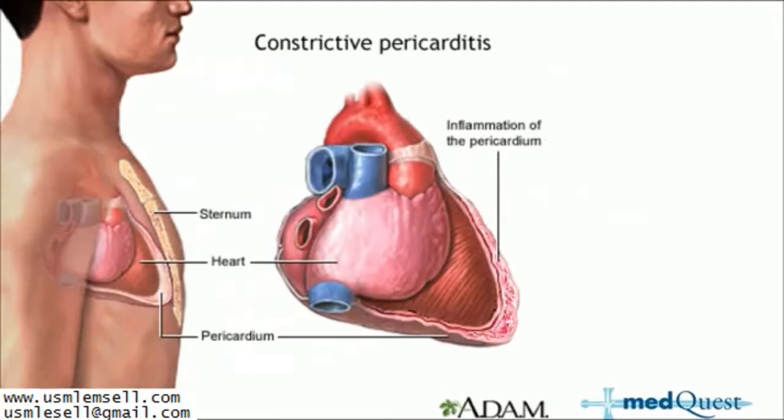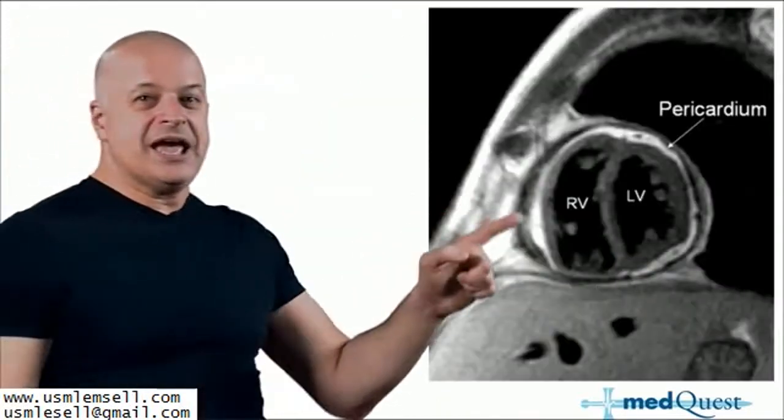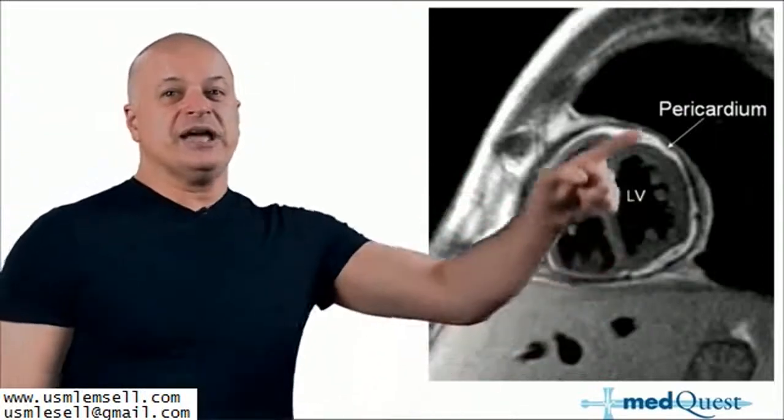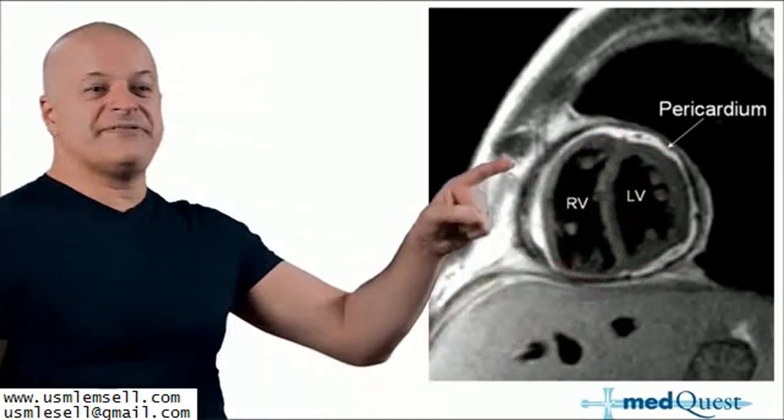This is constrictive pericarditis on a drawing. This is it on a CT and MRI, calcifies up there on the pericardium, and the only way to fix it is to remove it.